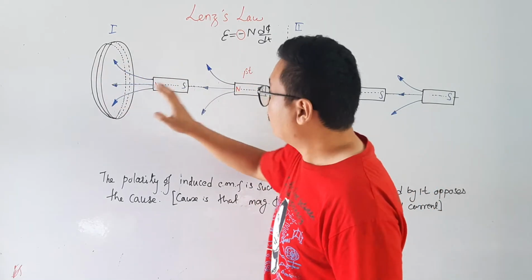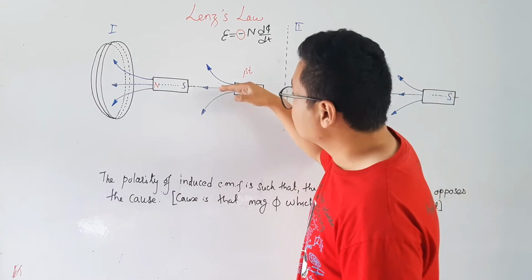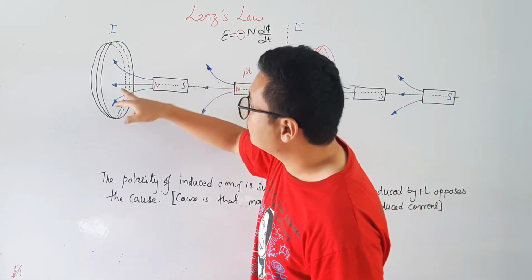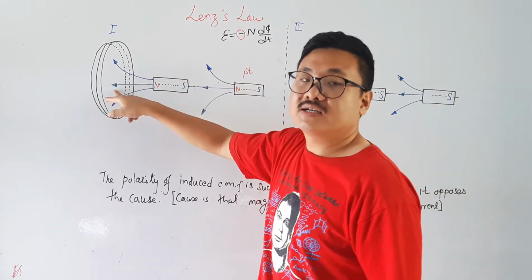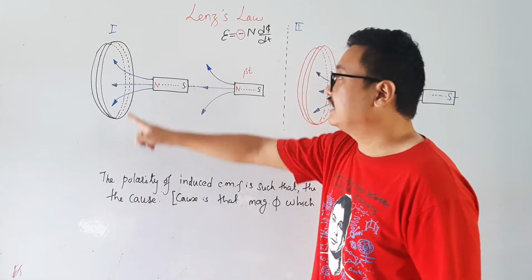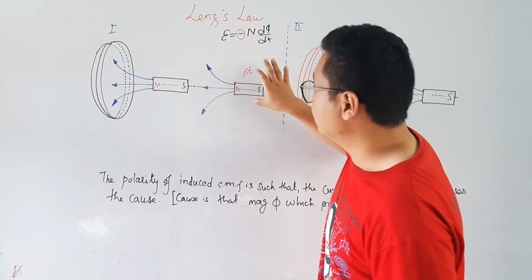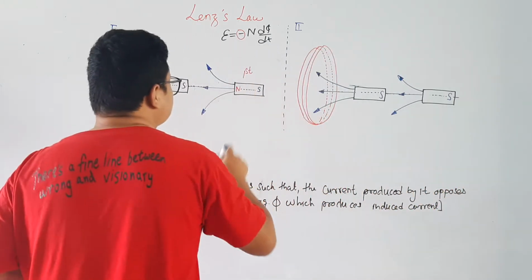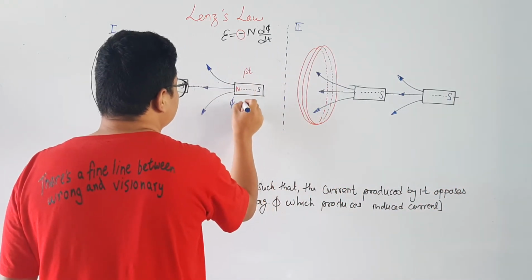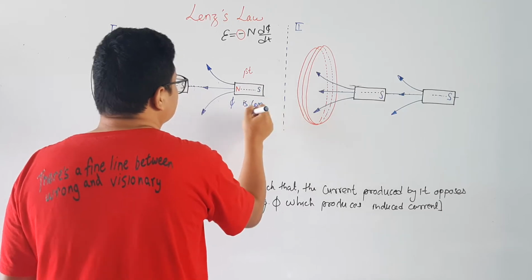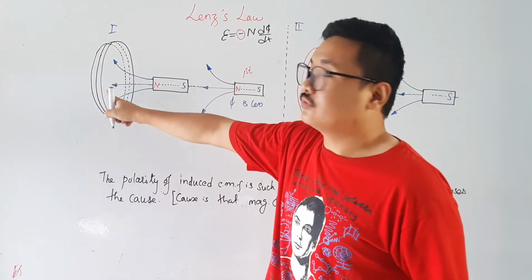Only the magnetic field going from the center is reaching here. This means there is less magnetic flux phi linked with the coil.